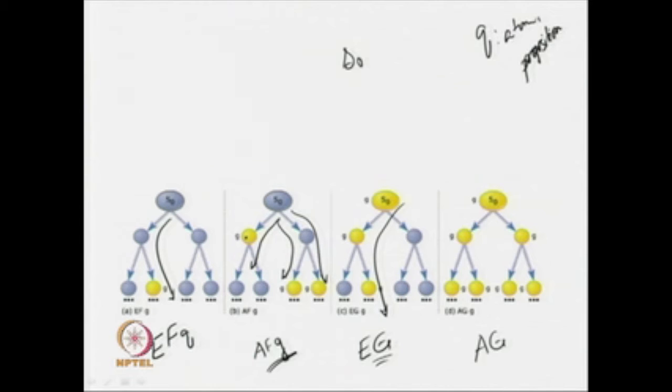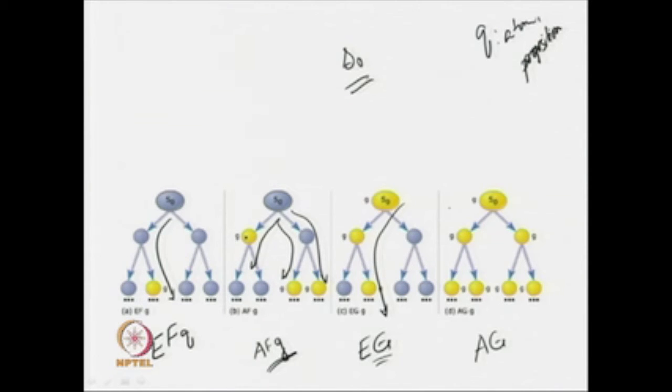So, by looking at this tree structure, you can very well see whether a particular formula is true in a particular state or not. Here we look at state s0, the starting state of this tree. Like that we can see whether a particular formula is true in a particular model or not.